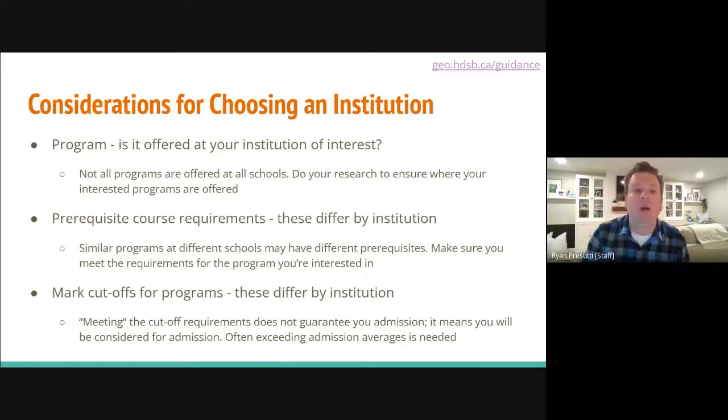Maybe it's a particular mark in a particular class, or anything else from a supplemental application. So all the admission requirement grade cutoff means is that you need to meet that cutoff for consideration, and oftentimes you need to exceed that grade cutoff in order to be competitive for an acceptance for that program.